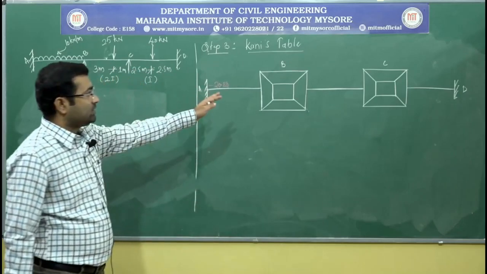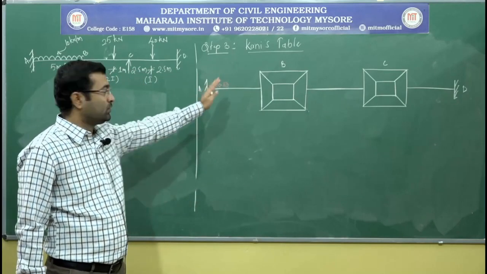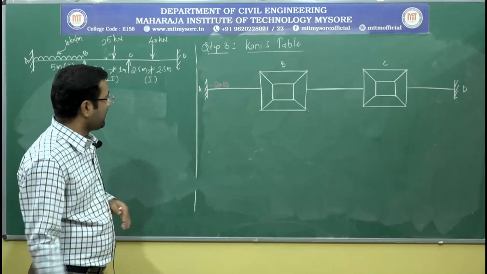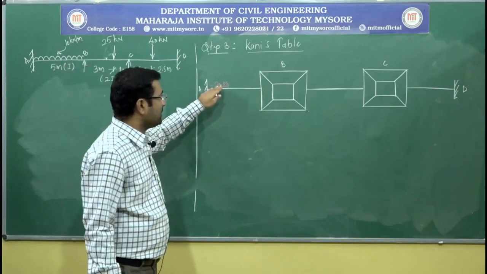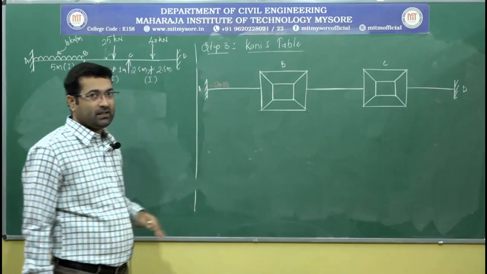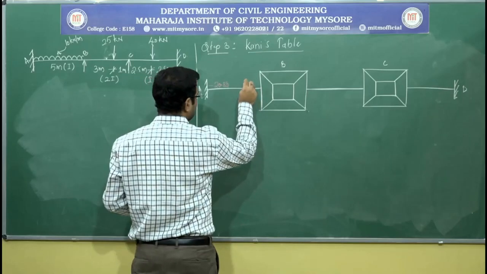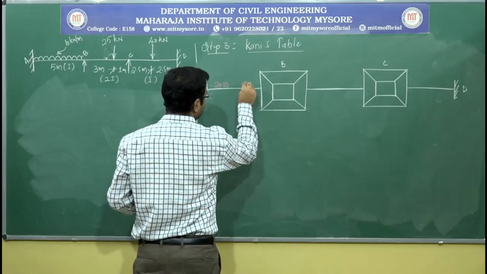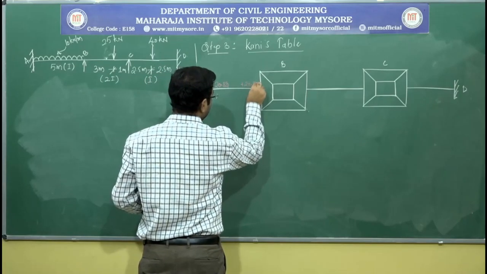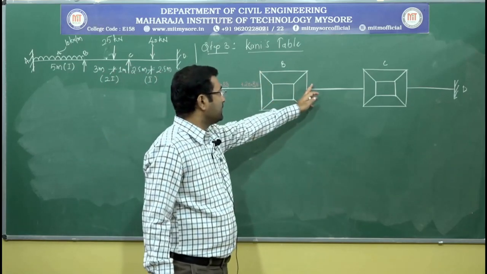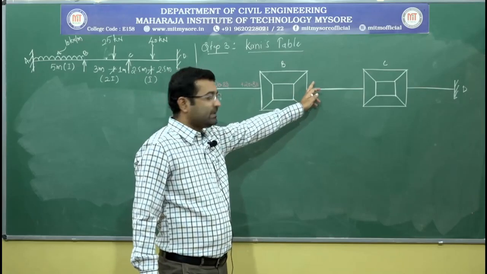Here I will not mention the units, units are kilonewton meter, because we need more space. And MFBA, here I will represent as plus 20.83.